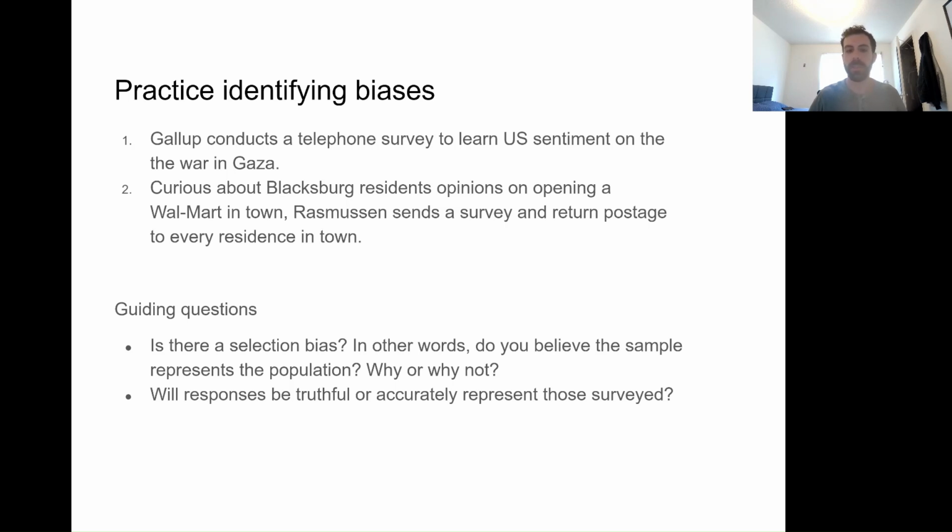There's also a little bit of a selection bias, right? If you're mailing it to every residence in town, what about residences with multiple people living there? What about people who own multiple residences, right? So it's not quite representative of the entire population of Blacksburg. So those are a couple biases that come to mind. Like I said, there are definitely more.